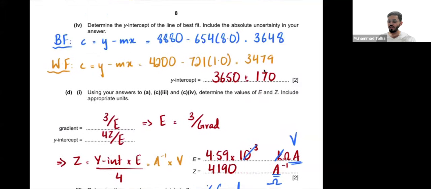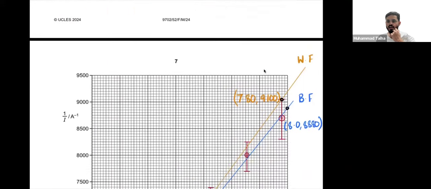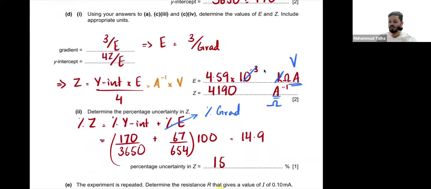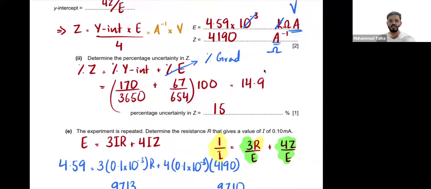And similarly for the gradient, it's 67 over 654. And because you want to convert these to percentages, you would multiply by 100 here and 100 here. But I've just taken it out as common, it just looks neater like this, and I've multiplied by 100 at the end. So that turns out to be 14.9, or to 2SF, I'm writing this as 15%.